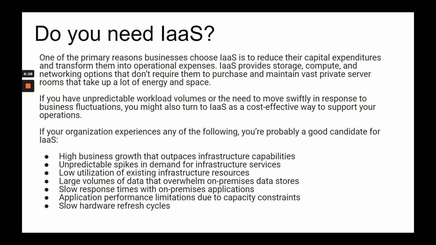Application performance limited due to capacity constraints and slow hardware refresh cycle. Hardware refresh cycle means in your data center maybe you are not upgrading or refreshing your hardware. Every hardware also has an expiry, like every medicine or food item has an expiry. After a certain time you need to replace them.